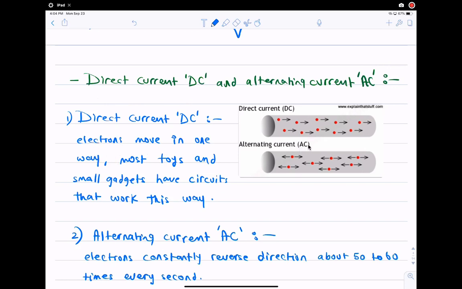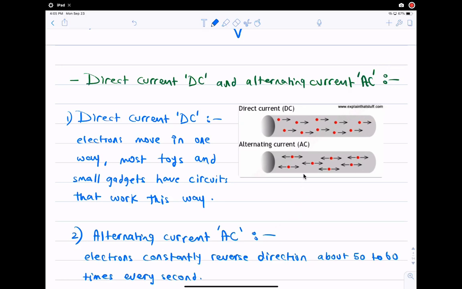If we see those two pictures, DC means the electrons move either to the right or to the left, while in alternating current, they move in both directions. So here the electrons keep reversing their direction. Normally they reverse 50 to 60 times every second.